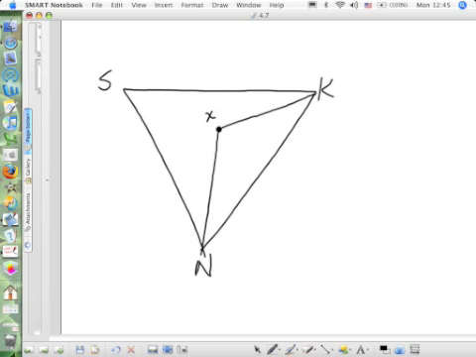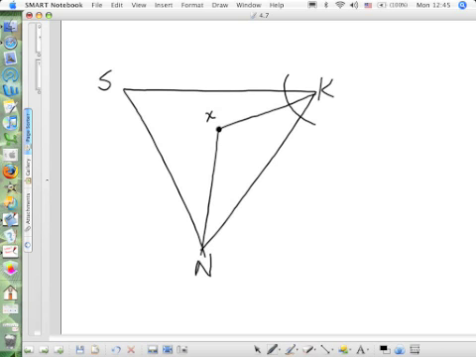Number 7 says if point X is on the bisector of angle SKN. So point X lies on the bisector of angle SKN. According to the theorems we just learned, which two sides of that angle is point X equidistant to?